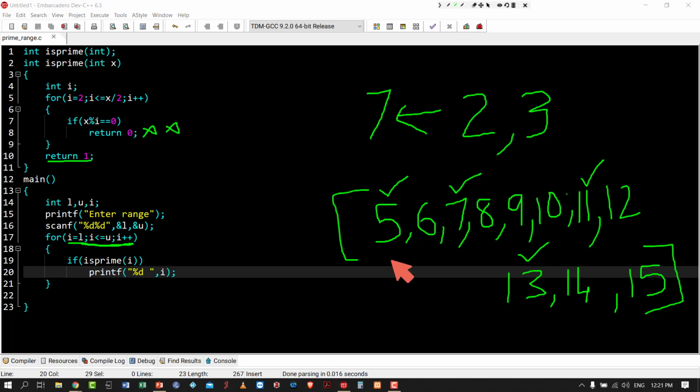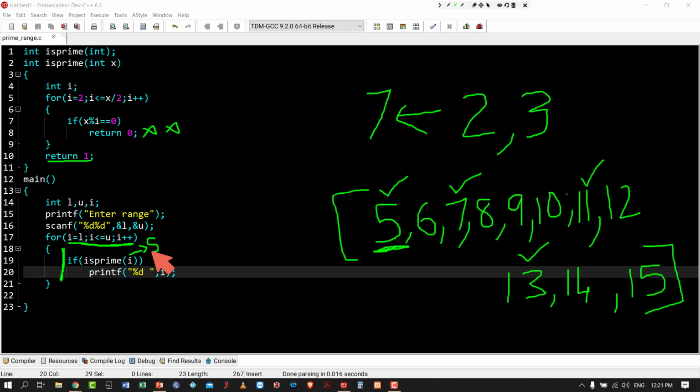Okay, listen carefully. So what is the first value of I? I is 5. 5 less than or equal to 15, so these statements will execute. Here inside if, I have written is prime of I. What is I here? I is 5. What is prime of 5?